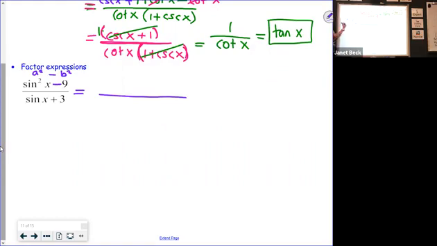This is difference of squares, and so we're going to replace it with A plus B, A minus B. So sine squared x minus 9 will factor to, you take the square root of the first one, square root of sine squared x is just sine x. That goes at the front of both. Then because it's difference of squares, we're going to have a plus in one, a minus in the other, and the square root of 9 is 3.